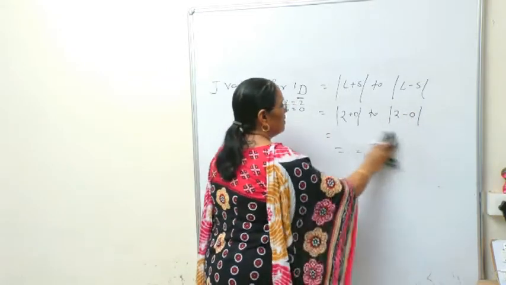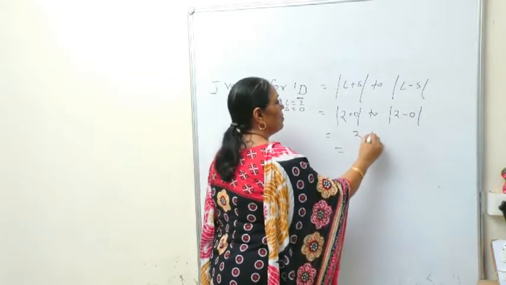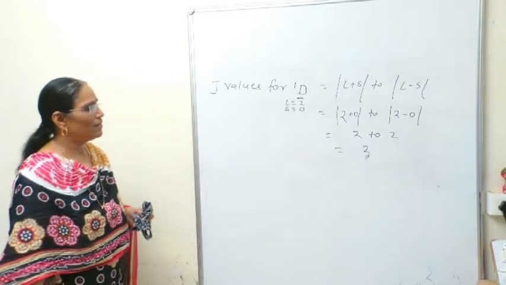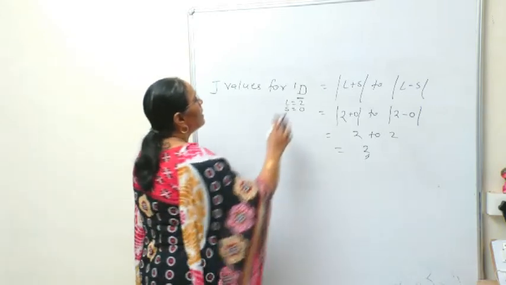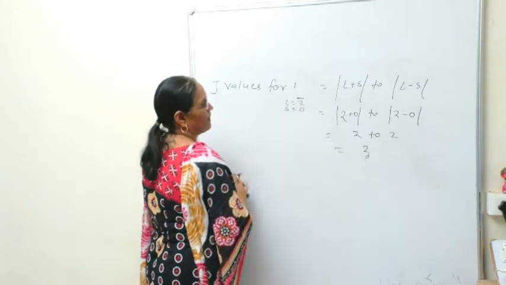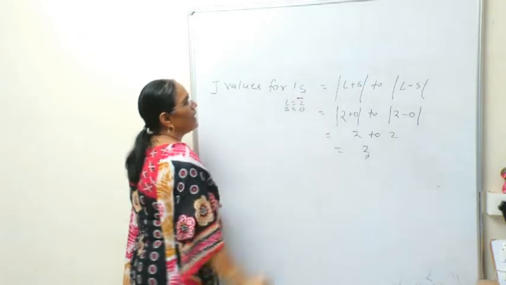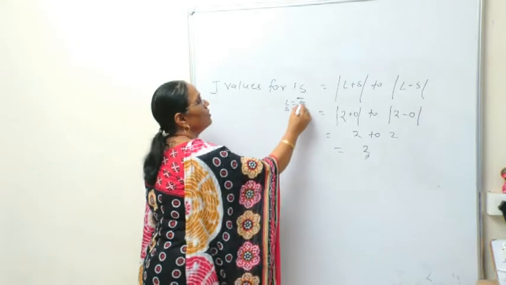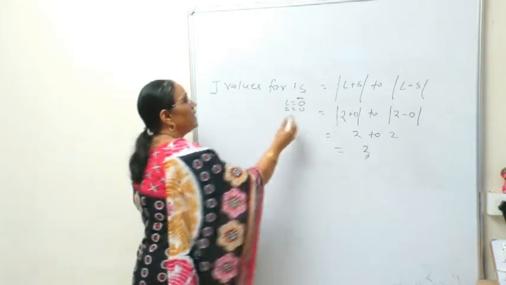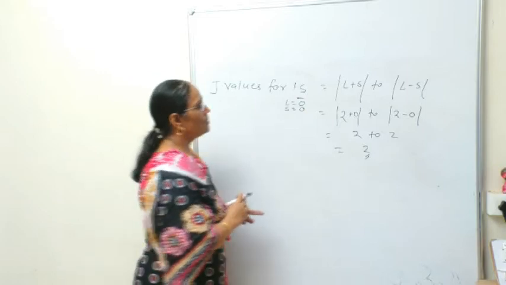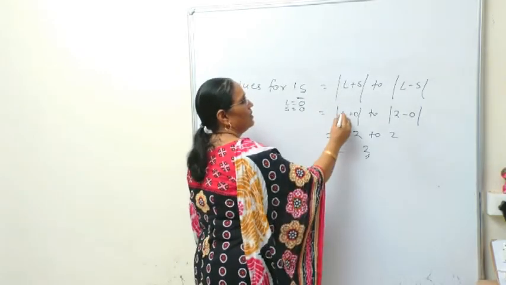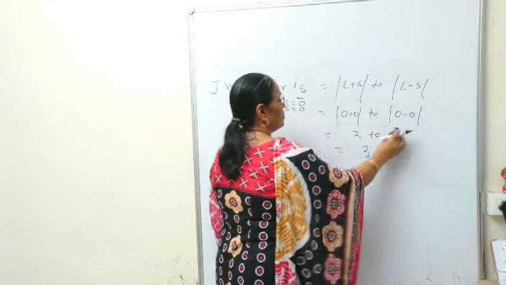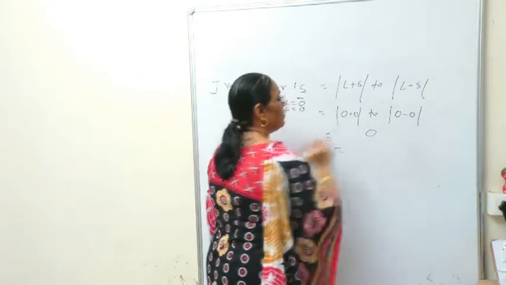So the value is only 2, that is, there is no splitting and it is transferred as it is. Similarly for singlet S, for the S term L is 0 and for a singlet term S is also 0. So 0 plus 0 to 0 minus 0. So the J value is 0.